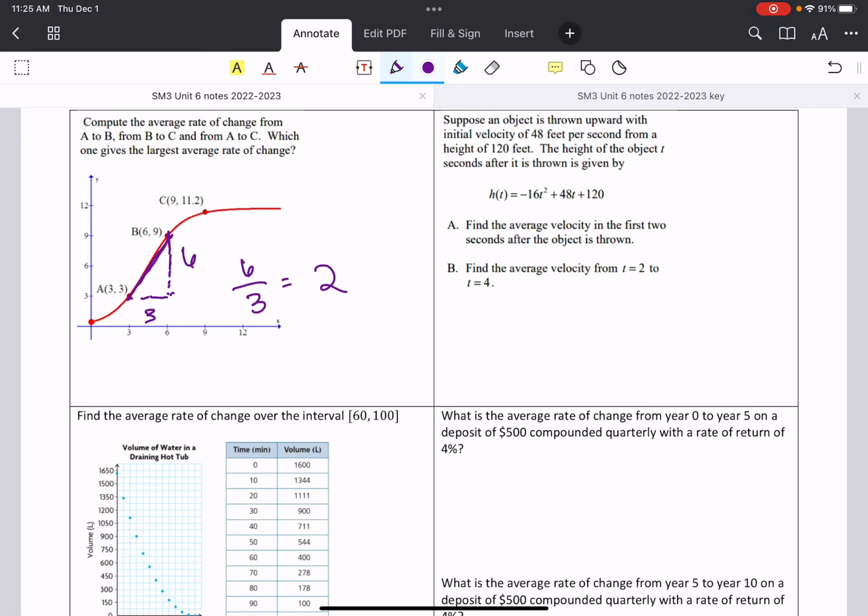What about from B to C? From 9 to 11.2, how much did that go up? 2.2. And then from 6 to 9, how much does that go over? 3. So 2.2 over 3, we're just going to leave it like that.